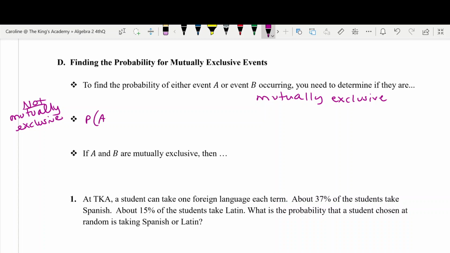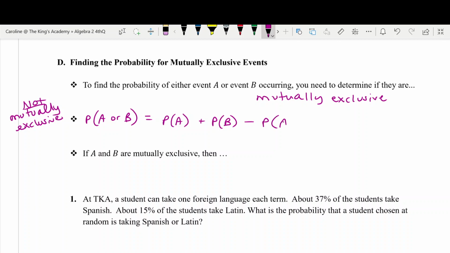So the probability of event A or event B happening, if they're not mutually exclusive, is finding the probability of A, adding it to the probability of B, but then you have to subtract whatever the overlap is, whatever the commonalities are.